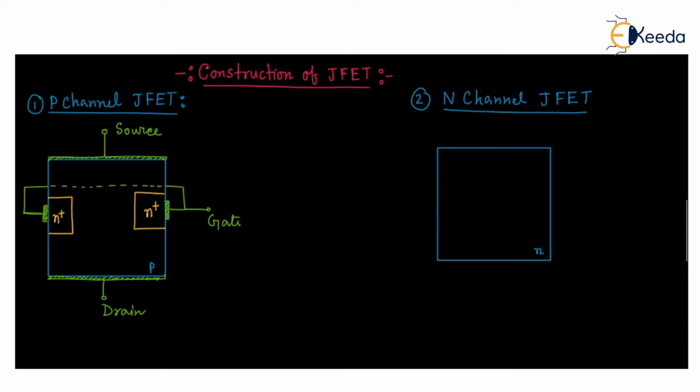Similarly, if we draw the cross-sectional view of an N-channel JFET, then in this case there will be a highly doped P plus region. Similarly, on the right hand side we will have a highly doped P plus region, and here we can have a metal connection in this fashion. From this metal connection we will have a terminal like this.